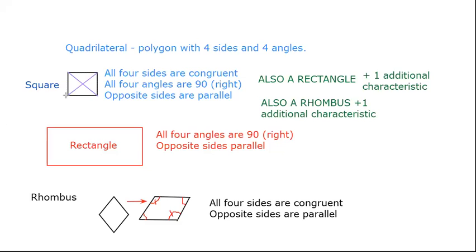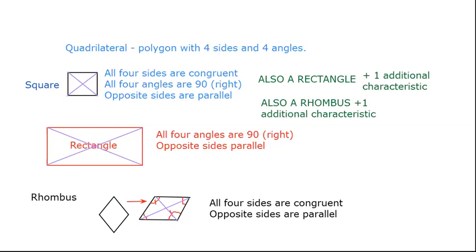There's the diagonals of that square. And we have the diagonals of this rectangle. And we have the diagonals of this rhombus. So these diagonals have certain characteristics for these three different quadrilaterals.